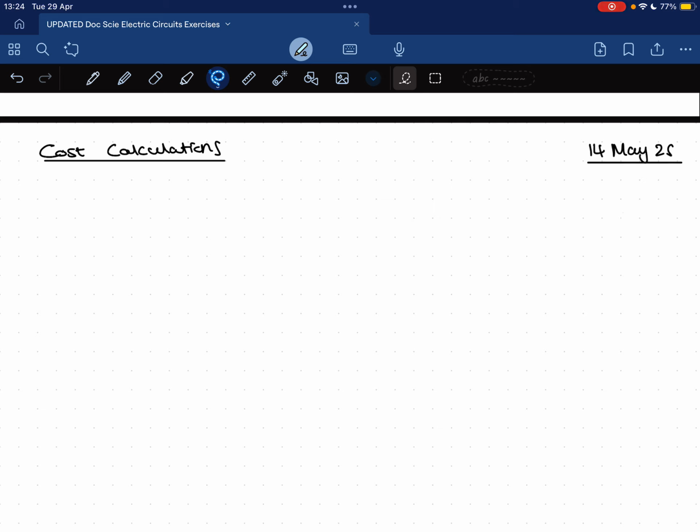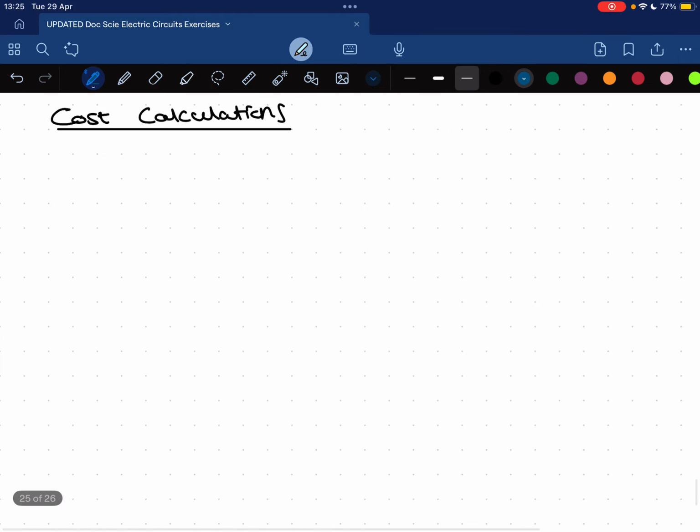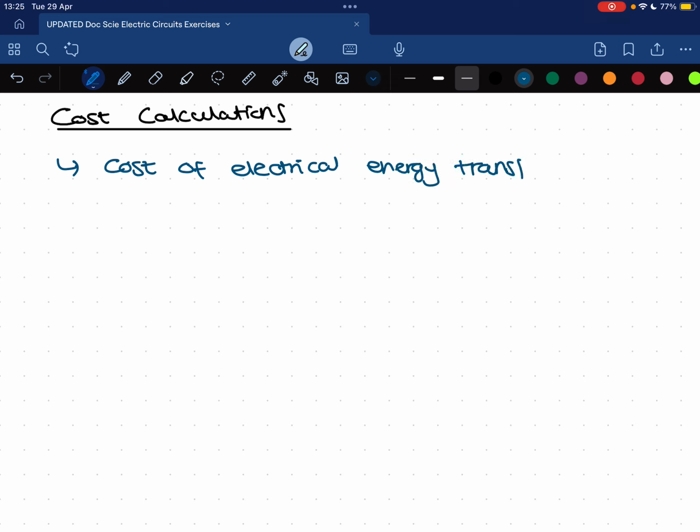Okay, so cost calculations is trying to calculate the cost of electrical energy transferred. That's what we're trying to calculate. So I'm going to make a note here: the cost of electrical energy transferred.